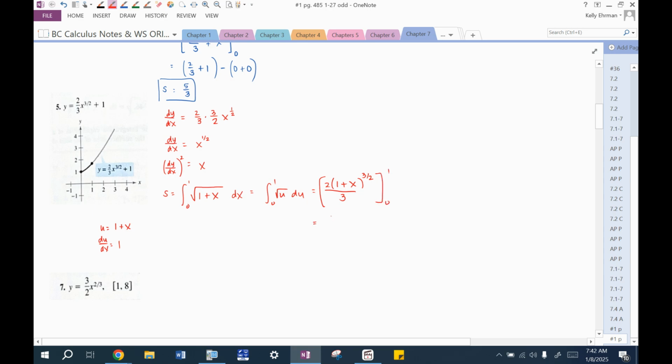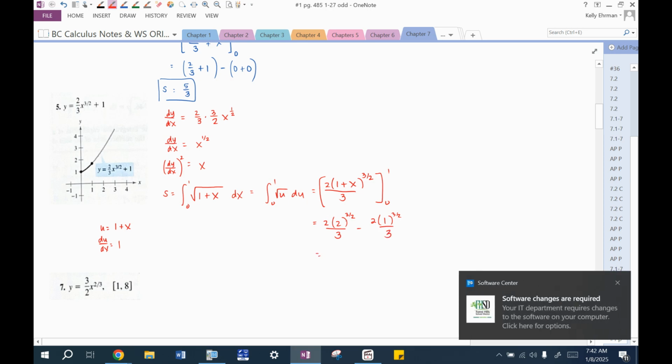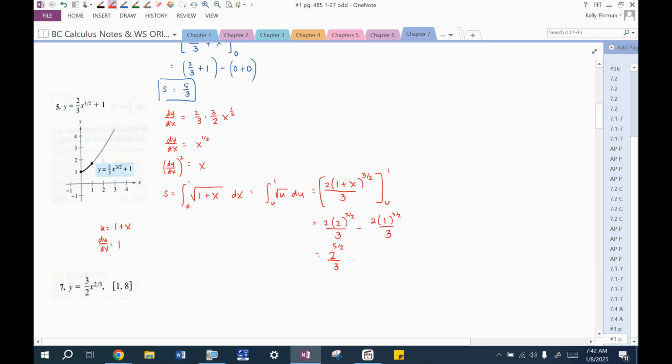So if I plug 1 in, I get 2 times 1 plus 1, which is 2 to the 3 halves, over 3. And if I plug 0 in, it's not 0, it's 2 times 1 to the 3 halves over 3. So let's add our exponents here. 2 to the first times 2 to the 3 halves is 2 to the 5 halves over 3 minus just 2 over 3.